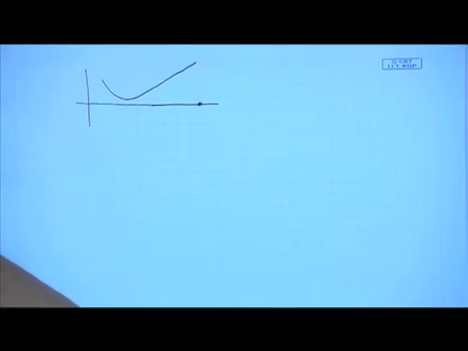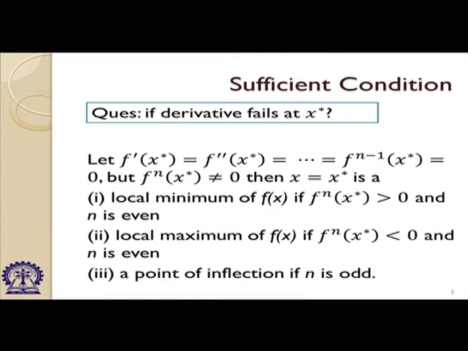That is why there is another set of conditions, called the sufficient condition. In the sufficient condition, we are saying that if the derivative fails at x star, how to do it.